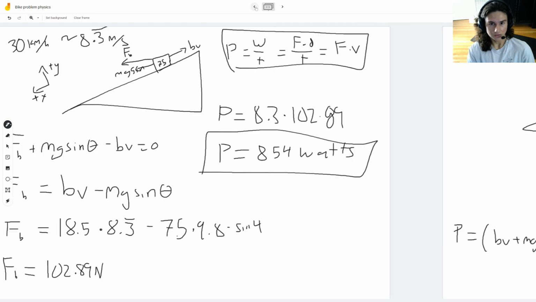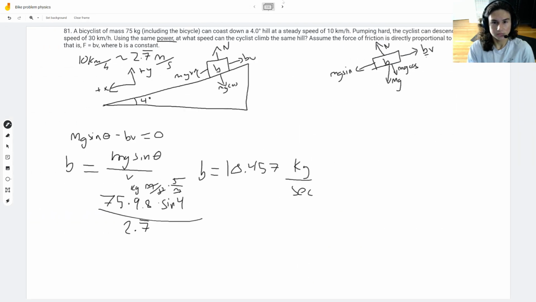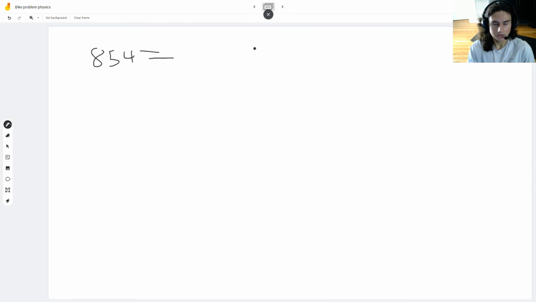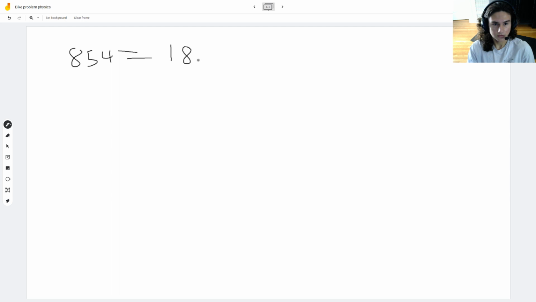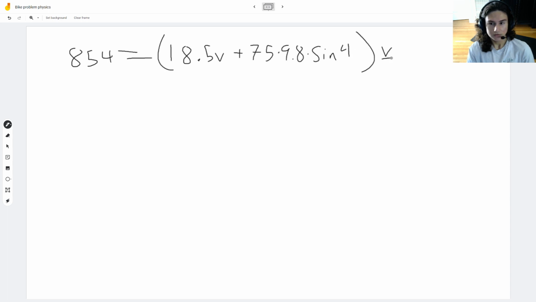B is what we calculated on the first page, which is 18.457. I'm going to just say 18.5. The mass, g, and sine are all givens, so that's 75 times 9.8 times sine of 4, and then we just have another v that we're solving for.